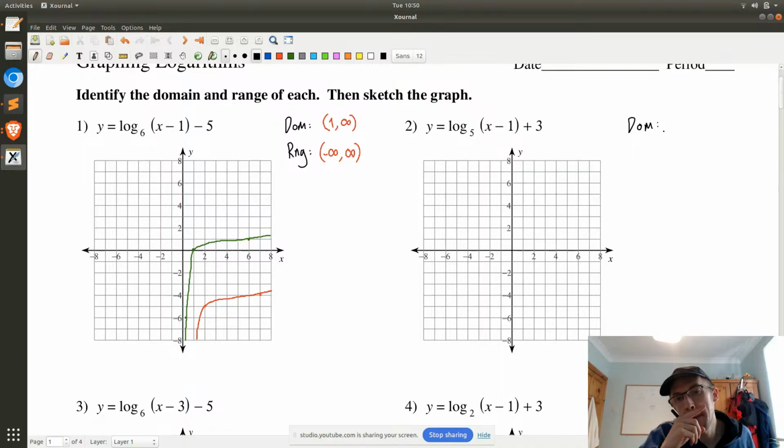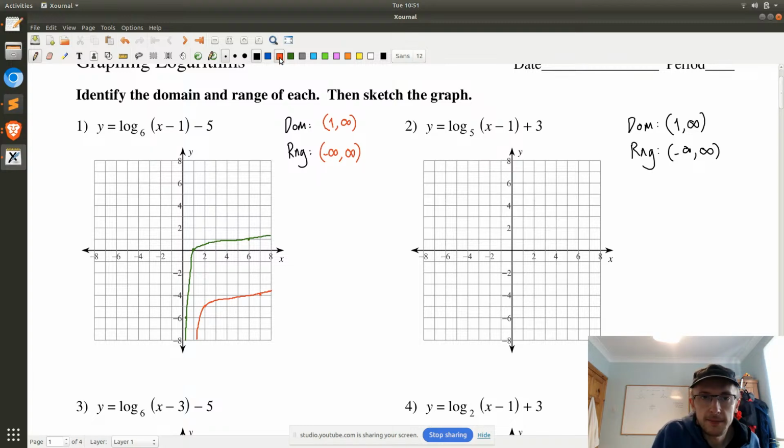So the domain, the acceptable domain is anything greater than 1, because I can only feed positive numbers into my logarithm function. And the range will be the entire set of real numbers. Like that.